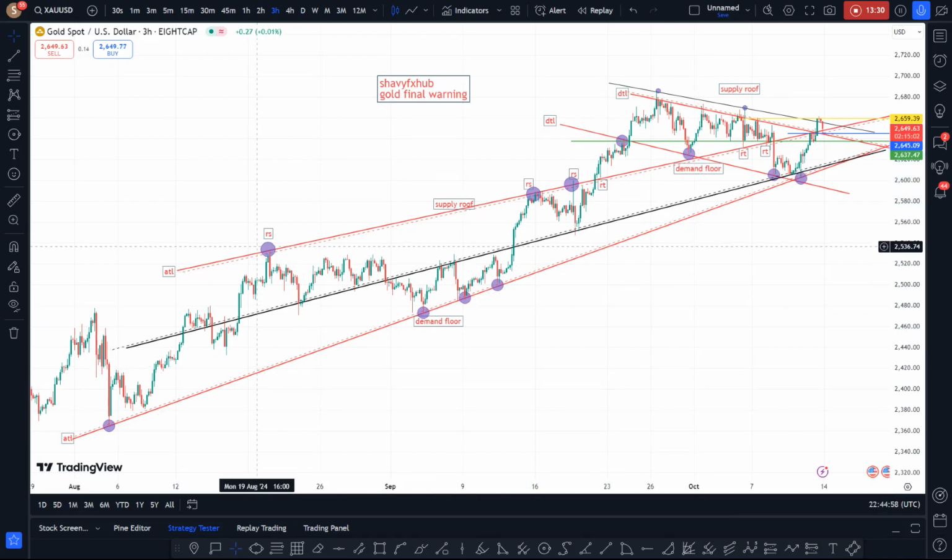We have here a breakout structure. First we have price demonstrate.